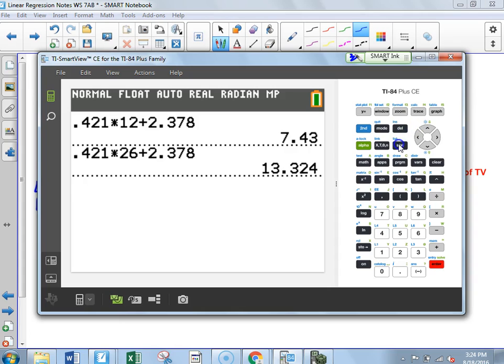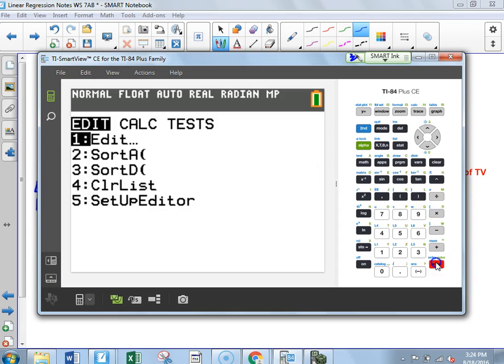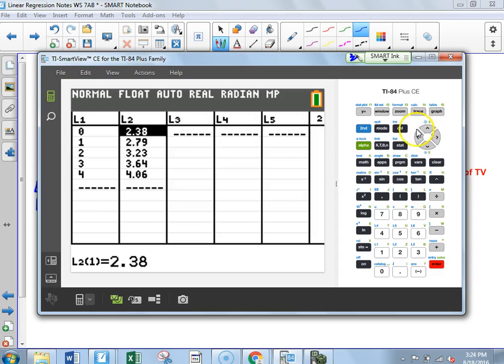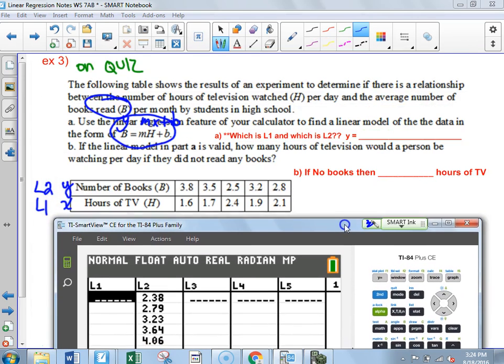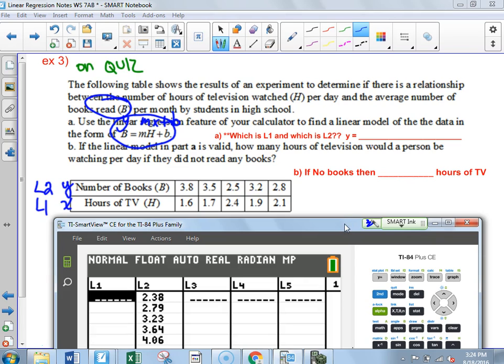Okay, how did we even get there? Stat, enter. Clear, enter to get rid of that stuff. List 1 is 1.6. Already messed up.